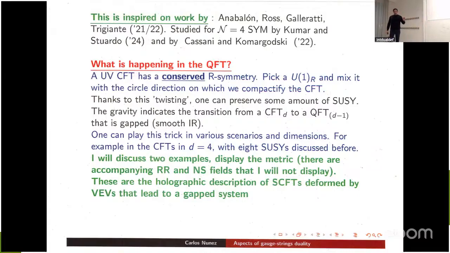In cases in which the system is simple enough, like for example in this paper by Prem Kumar and Ricardo Stuardo, they start with N=4 super Yang-Mills. It's very nice and easy to enact this compactification and tell something about the field theory in the infrared. The most notable feature is that it develops a Chern-Simons term in the infrared. So it's an N=2 theory with a Chern-Simons term. Okay?